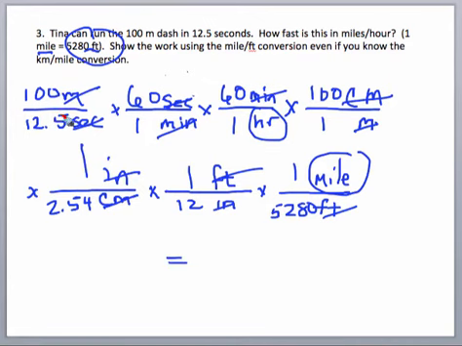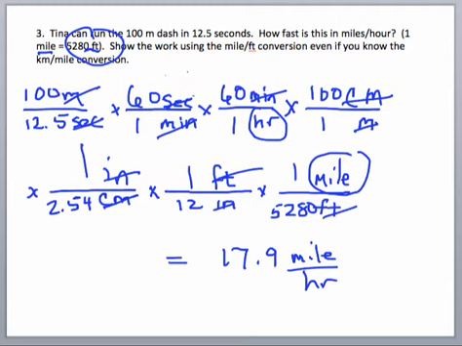When I go through and do the math, remember everything in the denominator is times. So 100 divided by 12.5 times 60 times 60 times 100 divided by 2.54 divided by 12 divided by 5,280 is going to give me 17.9 miles per hour. And that's actually pretty fast running. Not super fast, but pretty fast.